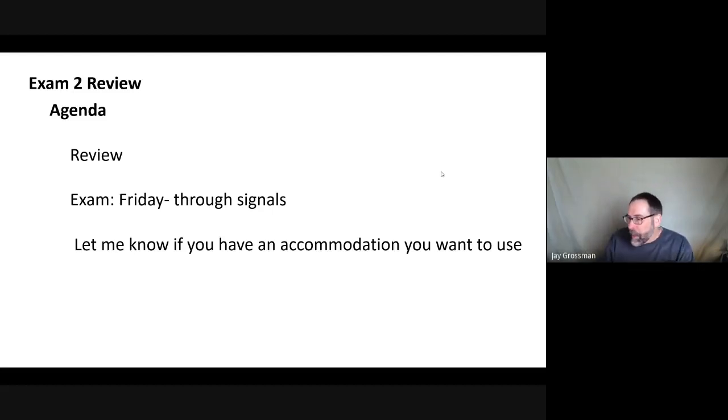Okay. Green time. Yes. Should we round between steps or wait until the end? Ooh, these are tough questions. I usually leave the decimals until I get to the end and then I round.